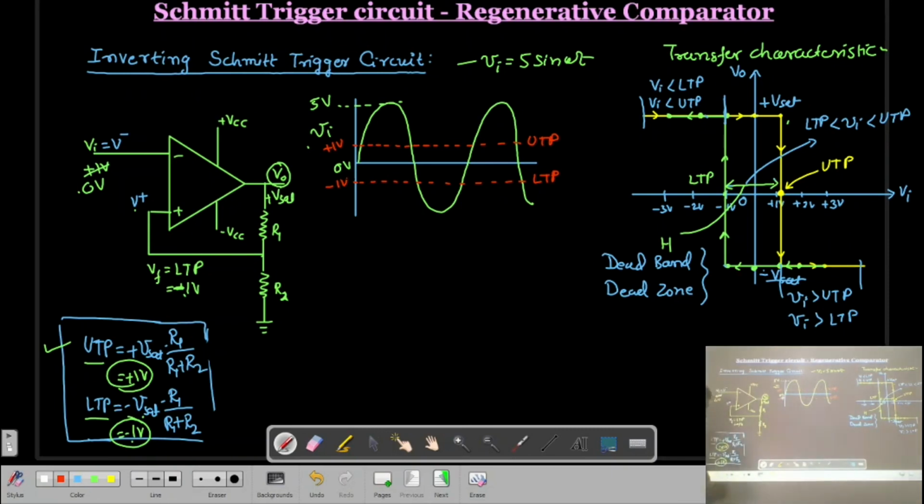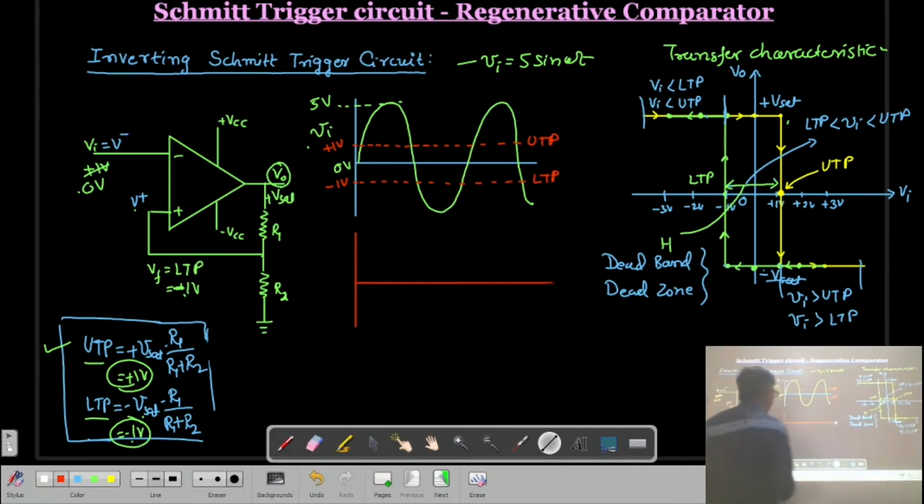Right? So for this, again we will draw the waveform, and then wherever the LTP and UTP are, you have to mark them. Remember, I am going to draw the waveform for the output voltage. This is my UTP point. This one is the LTP point.